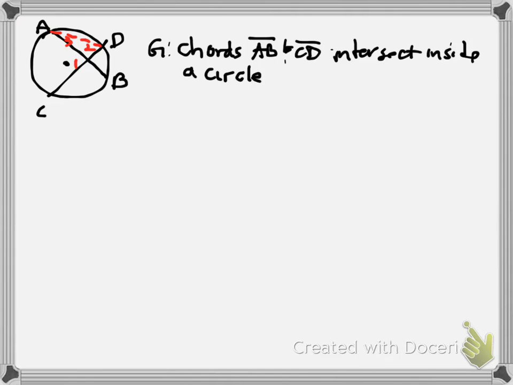Okay, so that's our given. And what we're trying to prove is that the measure of angle 1 is equal to 1/2 the sum of the measure of arc AC plus the measure of arc BD. Okay.